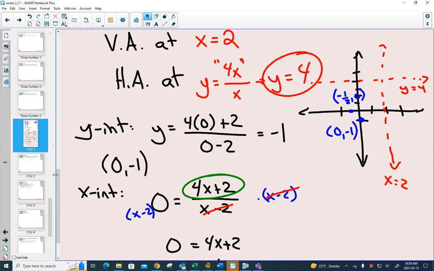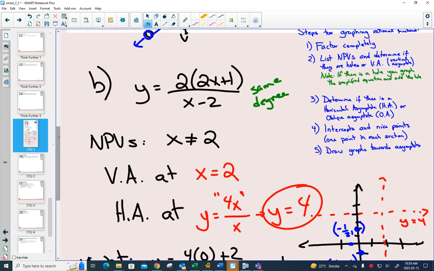So for our nice point, I'm going to plug in 3 and find out what I get. So I go to my equation. If I plug in 3, you see that you would get 1 on the bottom. And on the top, you would get 2 times 3 is 6, plus 1 is 7, times 2, 14.